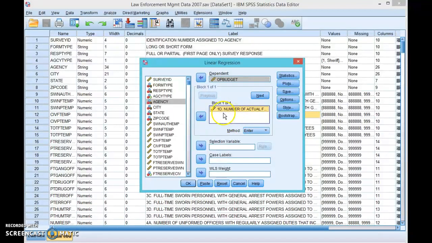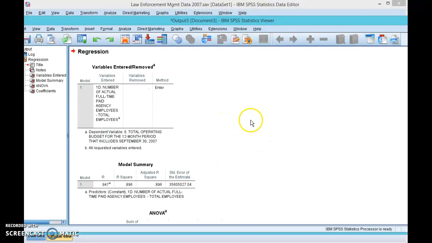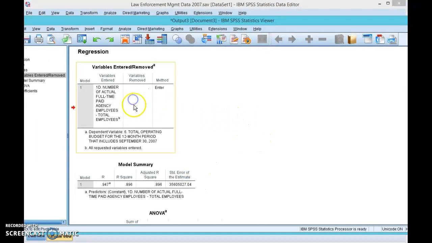That goes in the box right underneath, called block 1 of 1. That's where all your independent variables go. So that's the regression we're going to run. Once you have both of those variables in place, we're going to try to use your employees to predict your budget. Click OK.